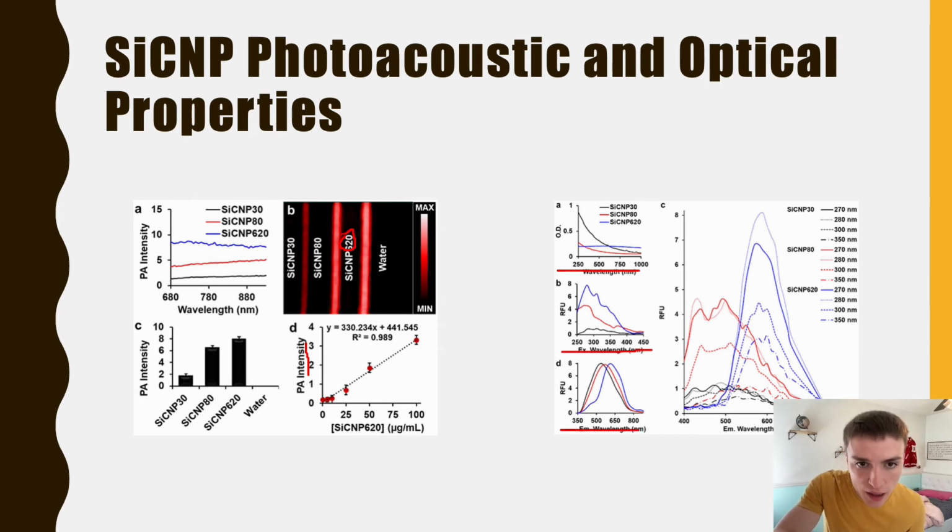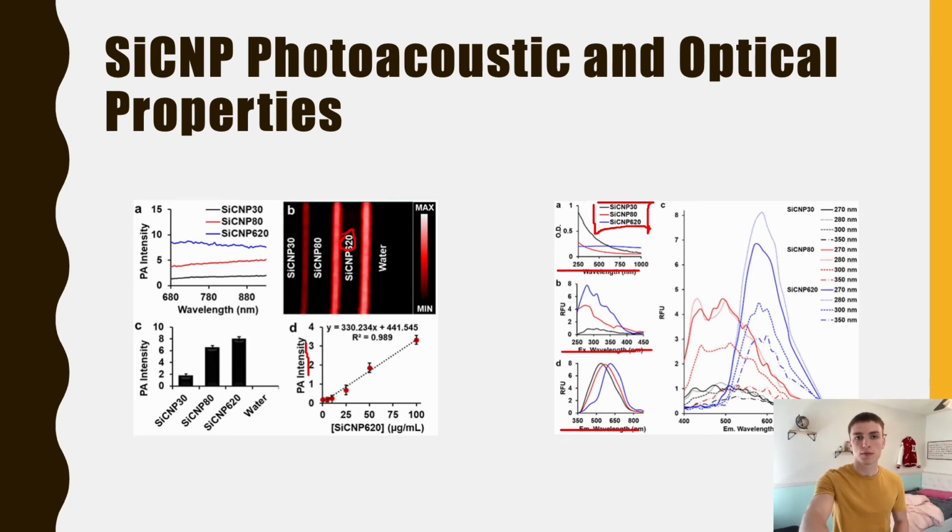So we can see at different wavelengths the RFU changes depending on the concentration and the wavelength being observed. And in figure D, it shows the emission spectra of dry silicon carbide nanoparticles using an excitation source of 325 nanometers. And again, we can see that the emission spectra change with the concentration of silicon carbide nanoparticles that we use.